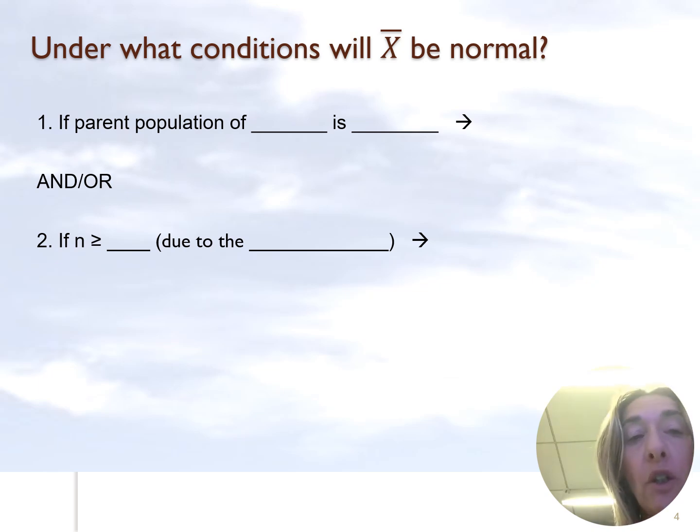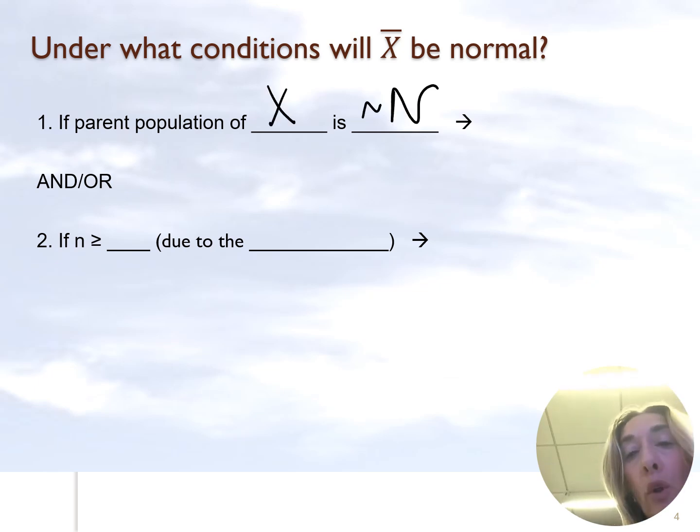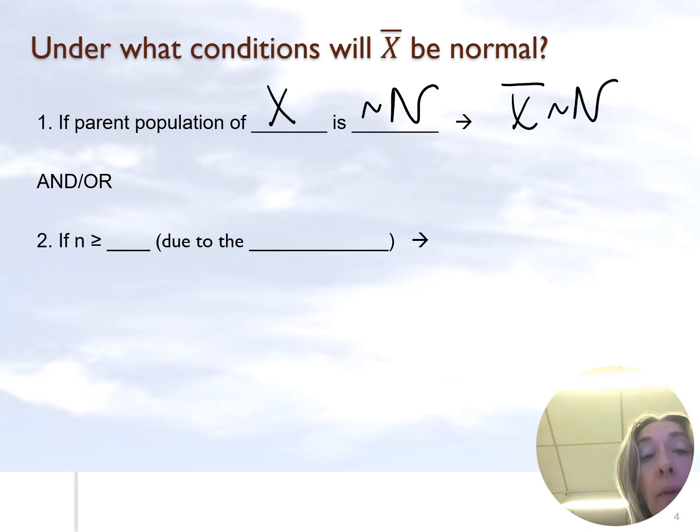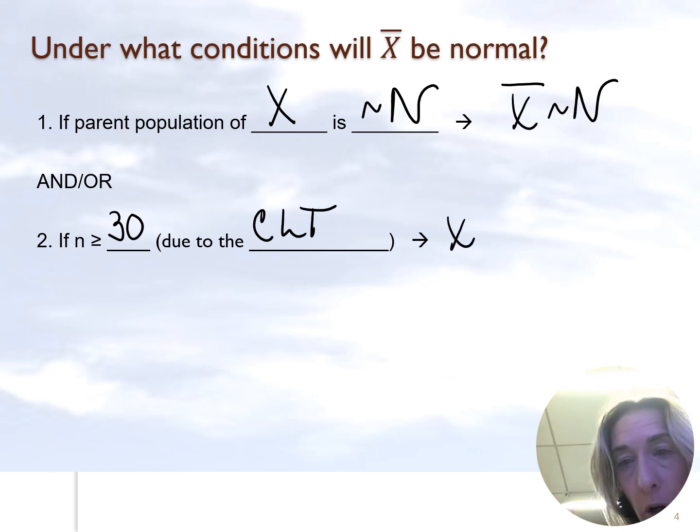Okay, the first condition is if your parent population of x is normally distributed, then automatically x bar will be distributed normally. The second condition is if your sample size is greater than or equal to 30, then due to the central limit theorem, x bar would be normally distributed.